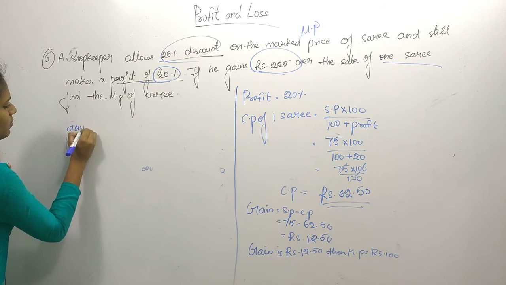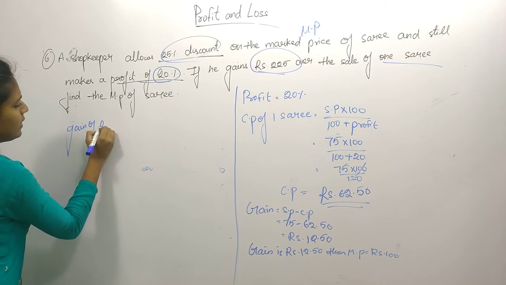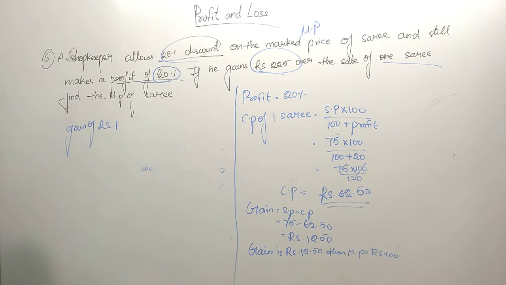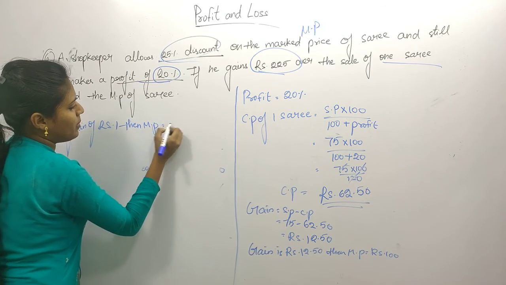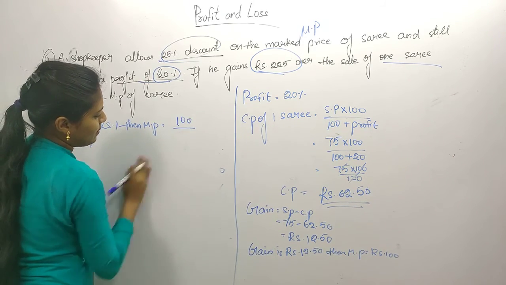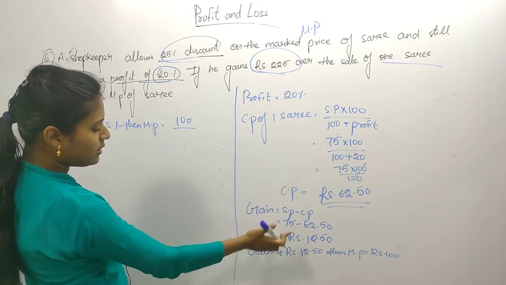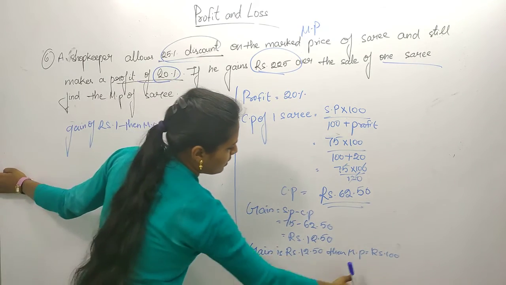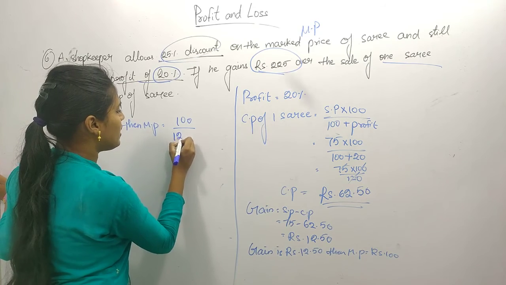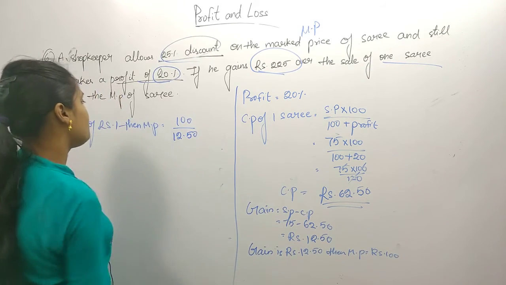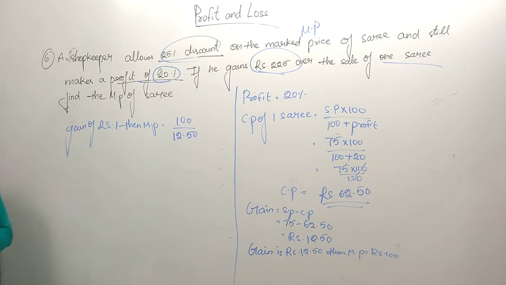Gain of rupees 1, then market price is equal to 100 by 12.50.